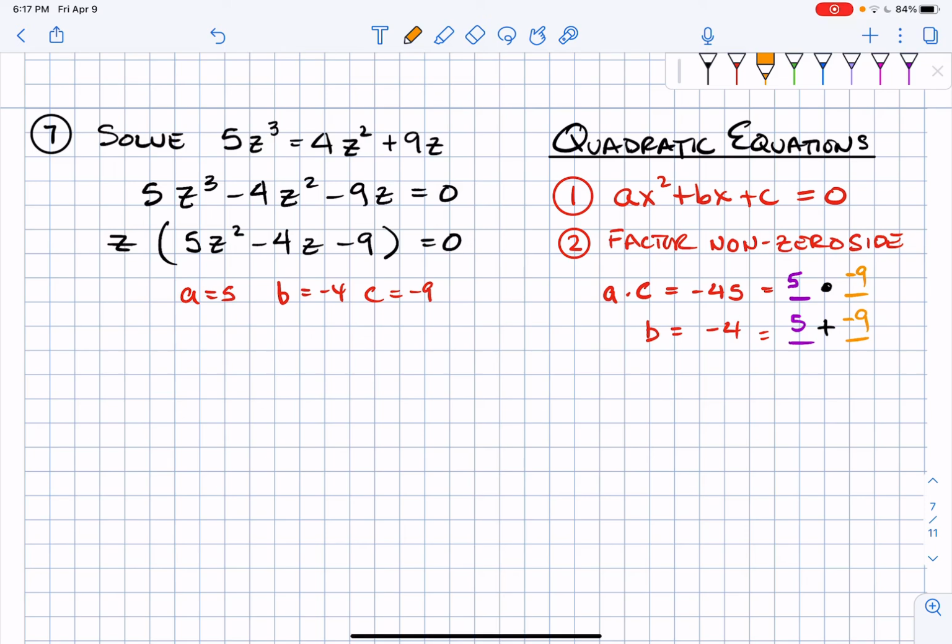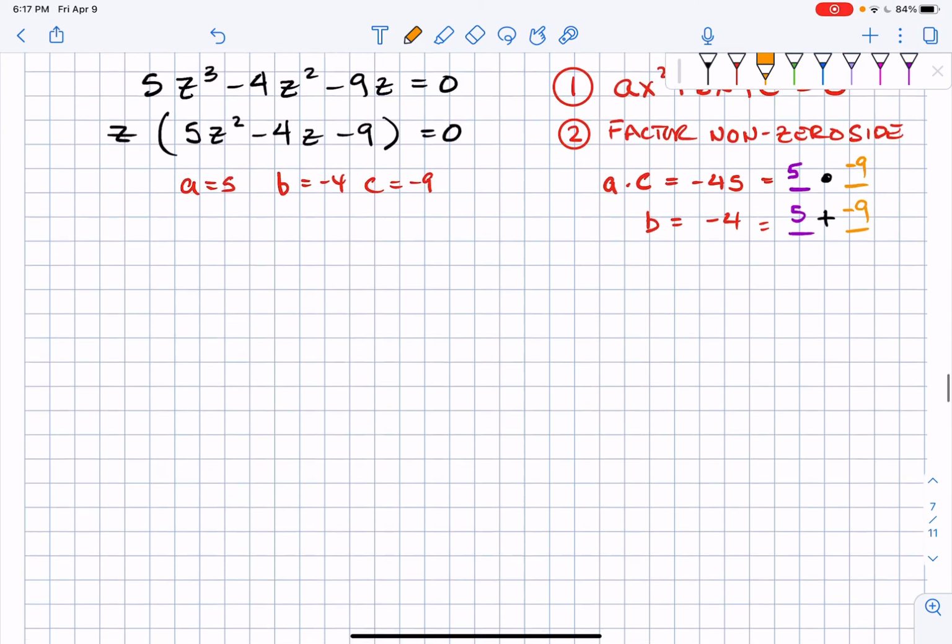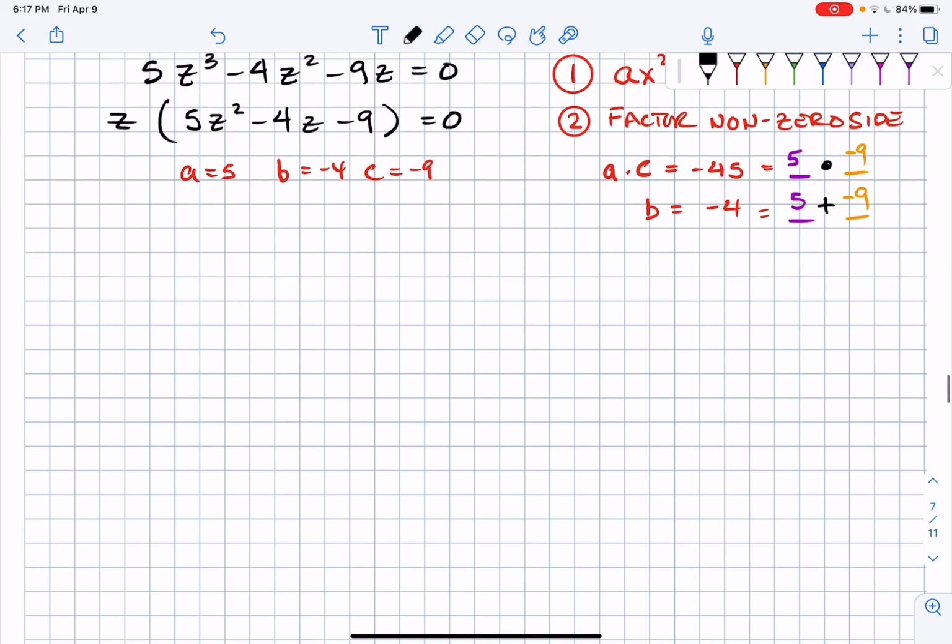If I multiply those two, it will give me negative 45. If I add those two, it will give me negative 4. After that, I have to split the middle term. I still have the z on the outside, but the inside is going to be 5z squared, and we'll replace this negative 4z with these two numbers.